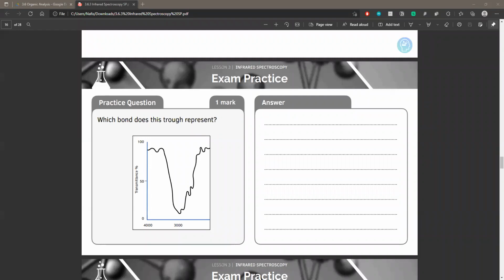C double bond O. Why? As in, where is this from the data sheet? So remember, identifying that it's a trough around 3000. Is it a broad peak or is it a narrow peak? Broad peak. So is it going to be a carboxylic acid? I wonder.